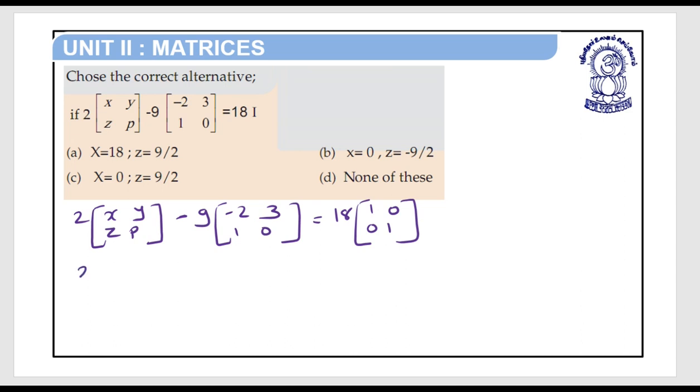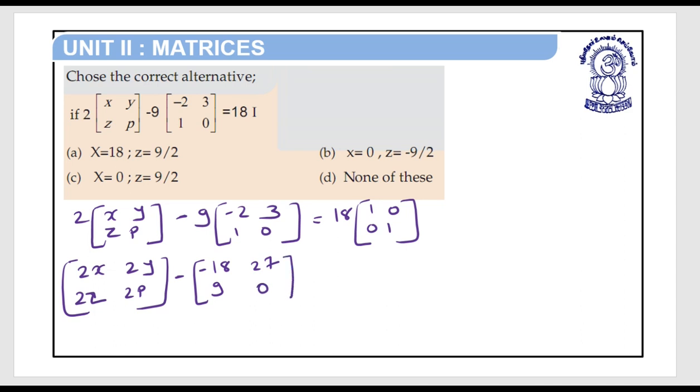So here we can write 2x, 2y, 2z, 2p, minus 9 2s minus 18, 9 3s 27, 9 1s 9, 0 is equal to 18 0 0 18.